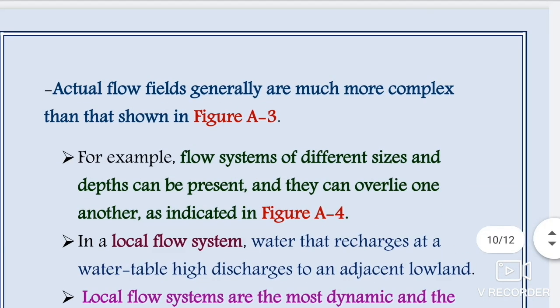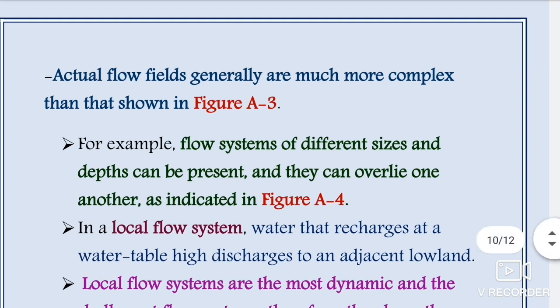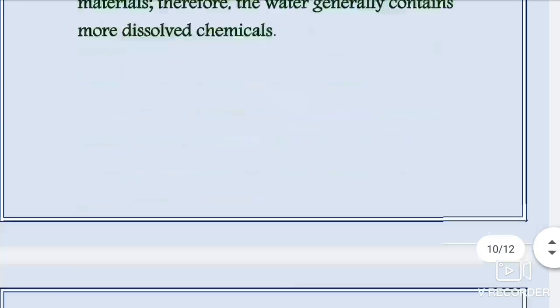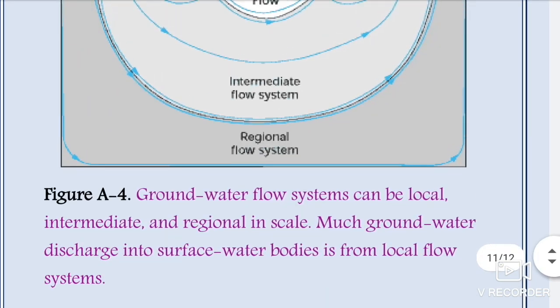Actual flow fields are generally much more complex than shown in figure A3. That is the generalized diagram, but actual flow fields are much more complicated. For example, flow systems of different sizes and depths can be present and can overlay one another, as indicated in figure A4.